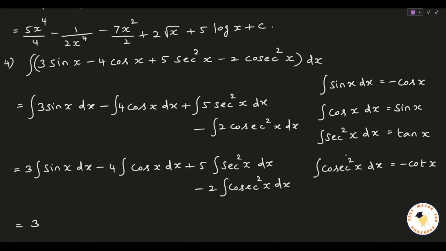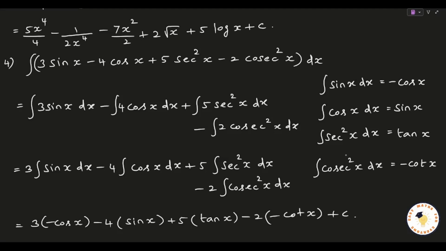3 into integral of sin x dx is minus cos x, minus 4 into integral of cos x is sin x, plus 5 times integral of secant square x is tan x, minus 2 into integral of cosecant square x dx is minus cot x, plus constant of integration.